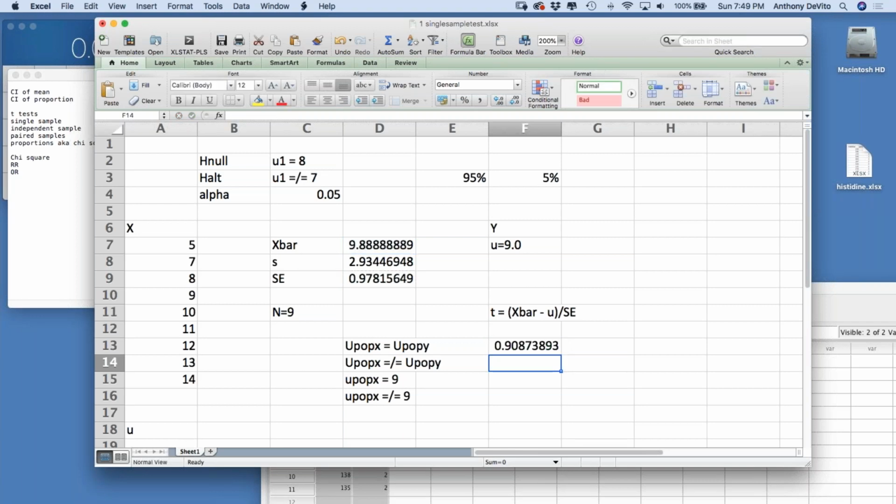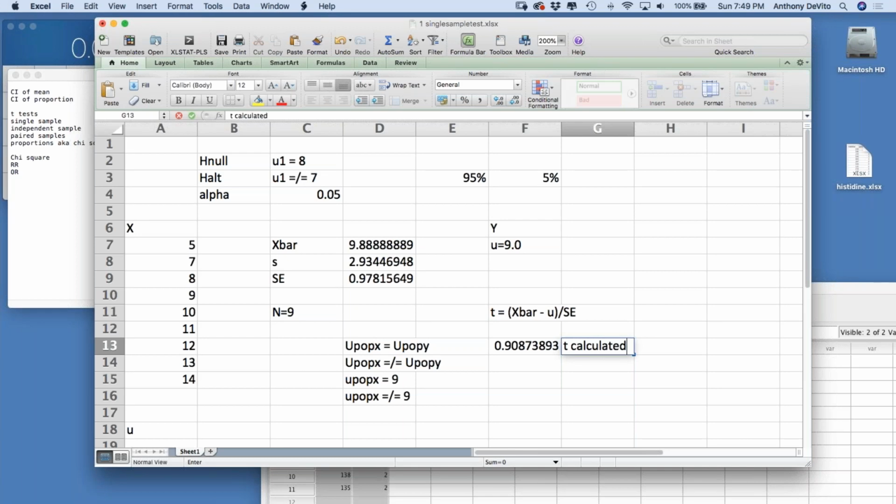Okay, and it's 0.9. It's about 1 standard error apart. Well, we know when we're talking about 95% confidence, we're talking about standard errors in the range of around 2, right? So that's our value. That's our calculated value for T calculated.